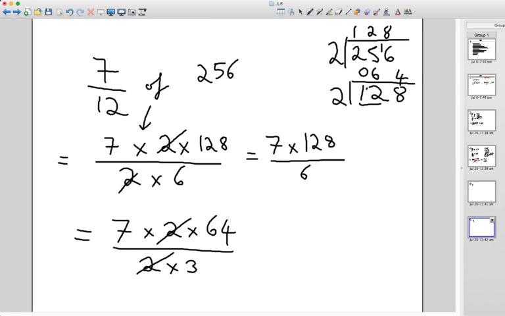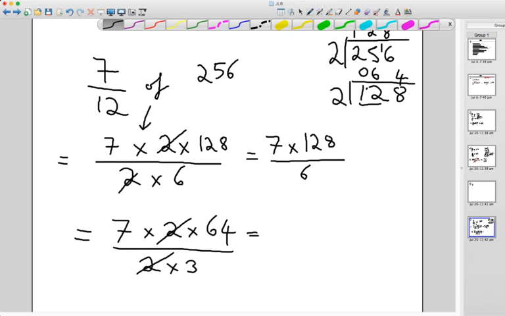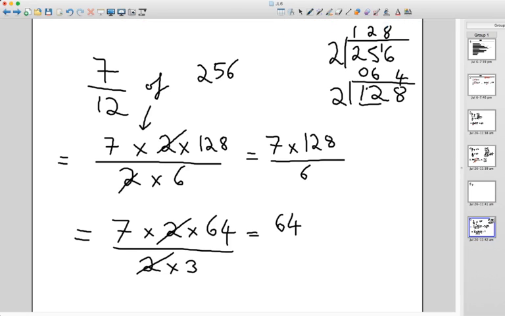So we need to do this, and that is a bit tricky for the brain, but let's do it anyway. We're doing 7 times 64. I should write that differently. 64 times 7. 7 4s are 28. 7 6s are 42, plus 2, 44.